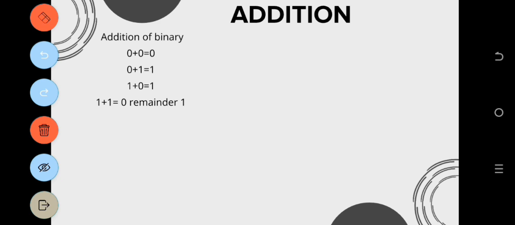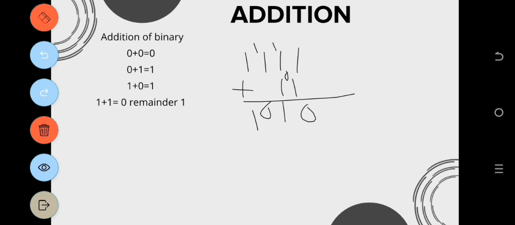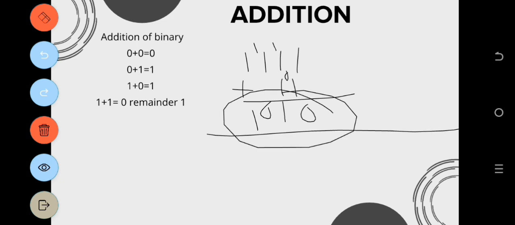Let's make an example of that. Like 1, 1, 1 plus 1, 1. 1 plus 1 is 0, remainder 1. And 1 plus 1 is 0, remainder 1. And 0 plus 1 is 1. And 1 plus 1 is 0, remainder 1, and bring down 1. So the result is 1, 0, 1, 0.